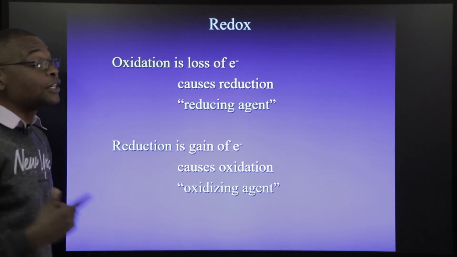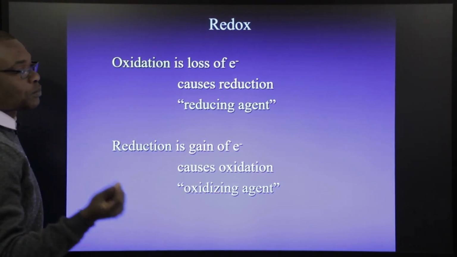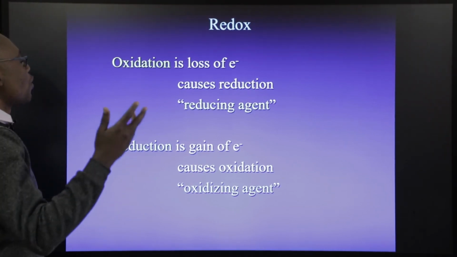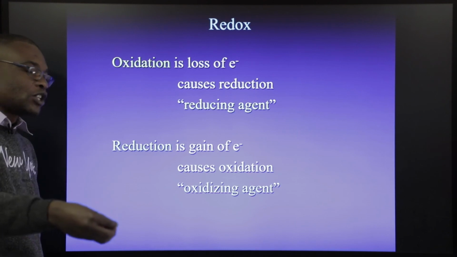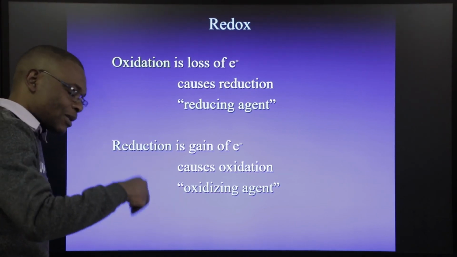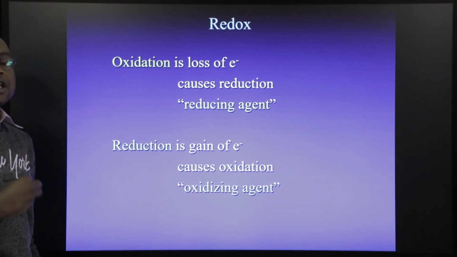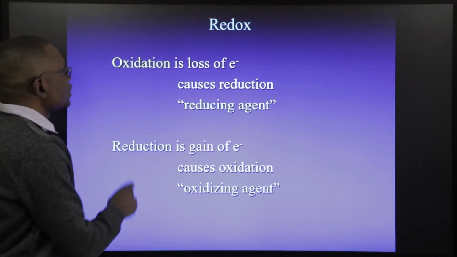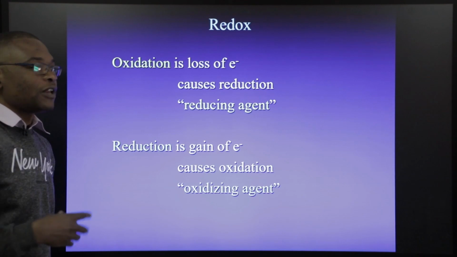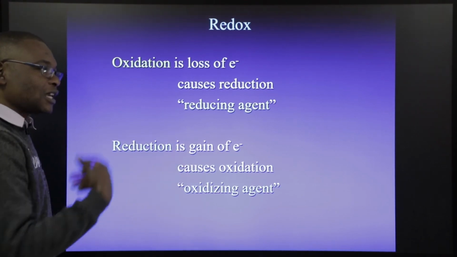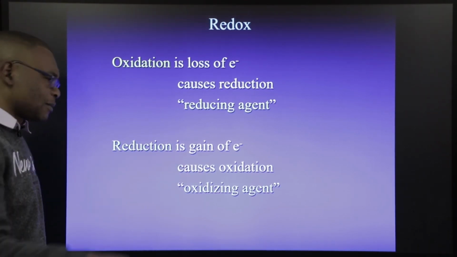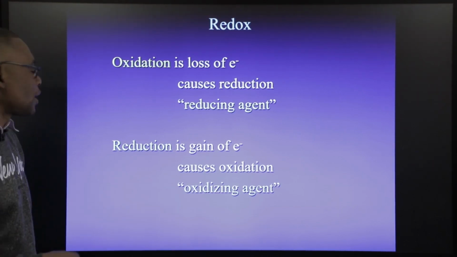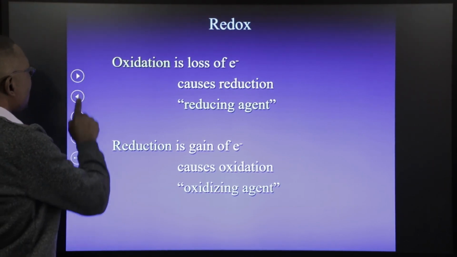So we are saying redox, explained in simple terms. Oxidation is loss of electrons, and it causes reduction, meaning that a material which is undergoing oxidation itself becomes a reducing agent, while reduction is a gain of electrons. Since it is gaining electrons, where are they coming from? They are coming from somewhere. So the material which is gaining electrons by itself becomes an oxidizing agent.